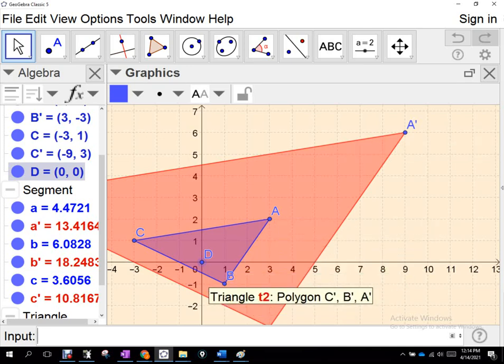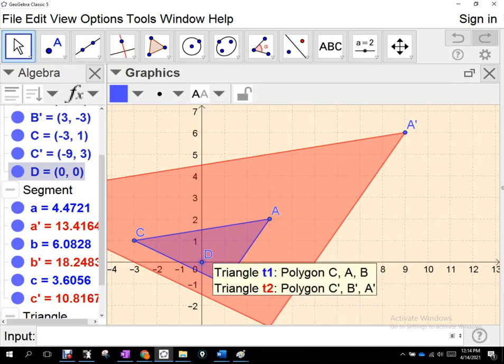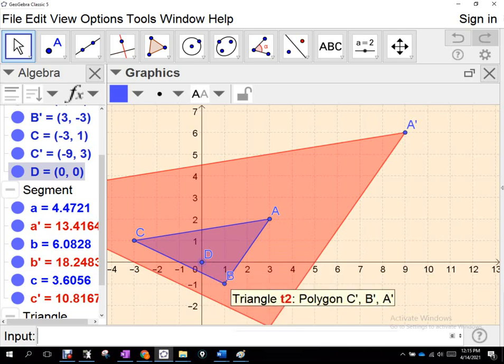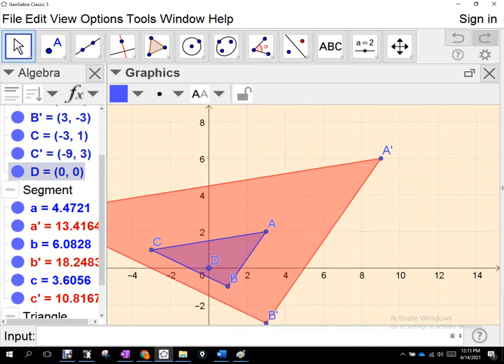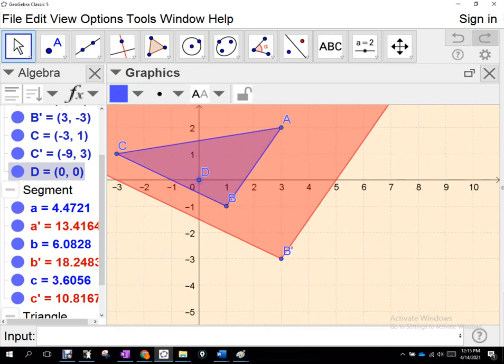And we do the same thing for B. If I go from D to B, it's right 1, down 1. So then go right 1, down 1 more, and again, right 1, down 1, right 1, down 1, right 1, down 1 gets me to B prime.